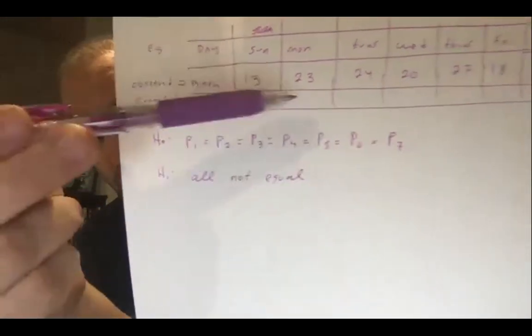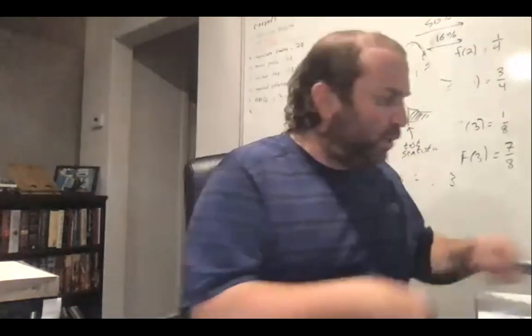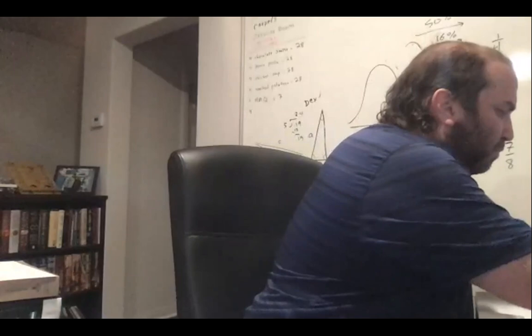So we have all the observed values, and now all the expected values. So if it really was uniform and all of the proportions were equal, of the 140 total births, how many would we expect to have each day? How many would we expect to have each day if they really were all equal?